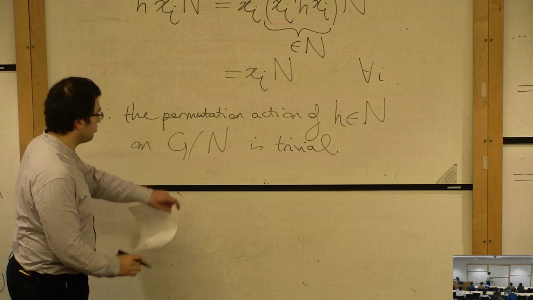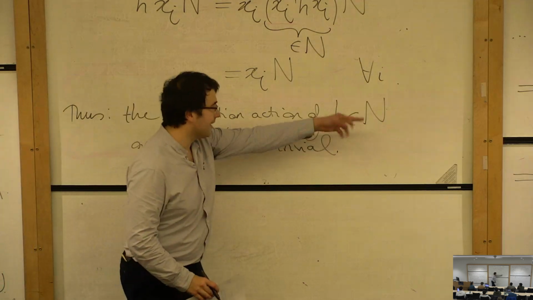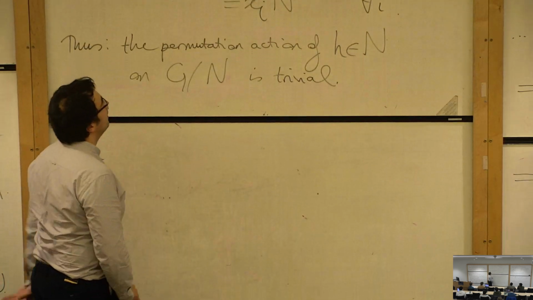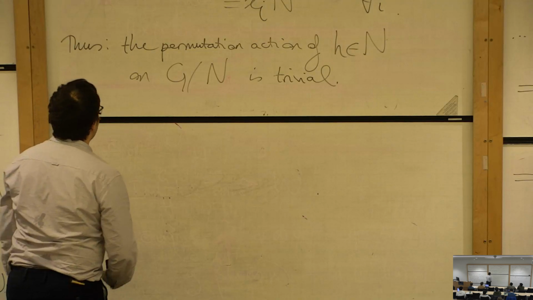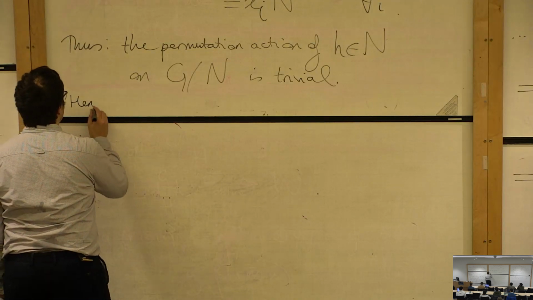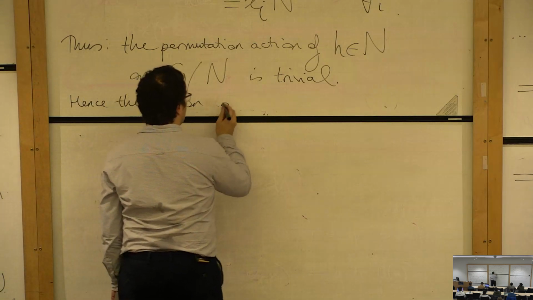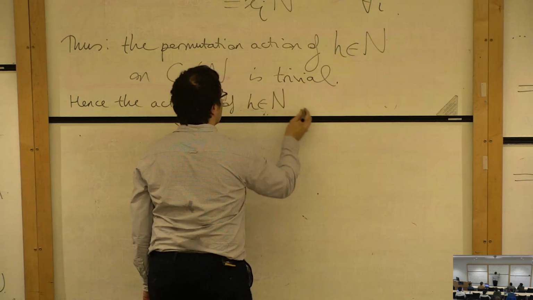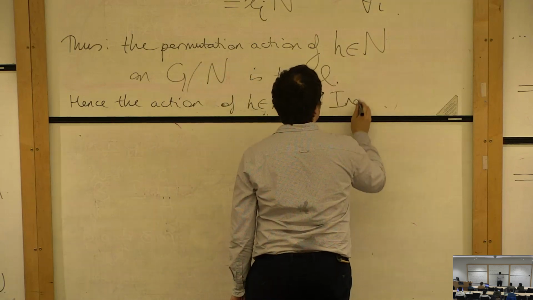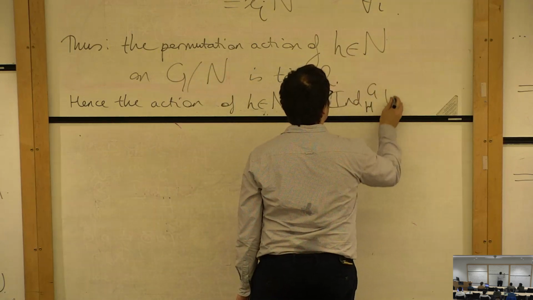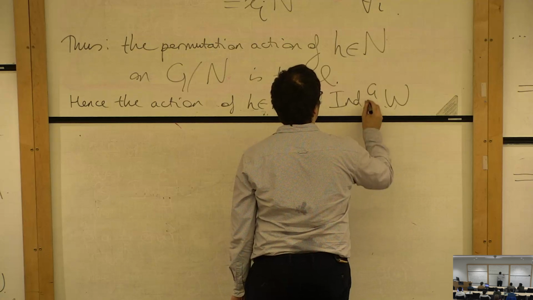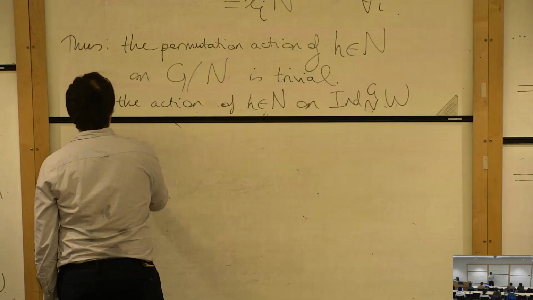Completely trivial because this is a group, and trivial of this factors through N. So hence, h in N on the induced module is blocked down.